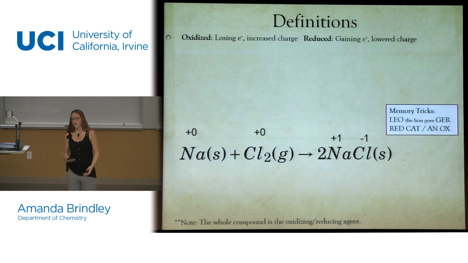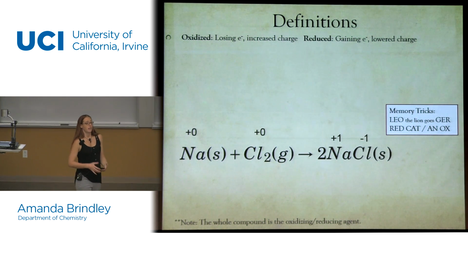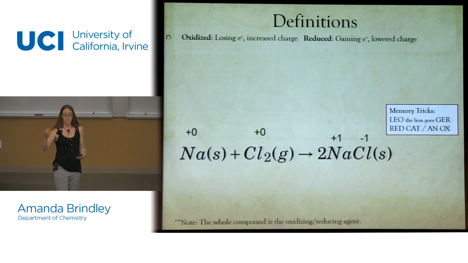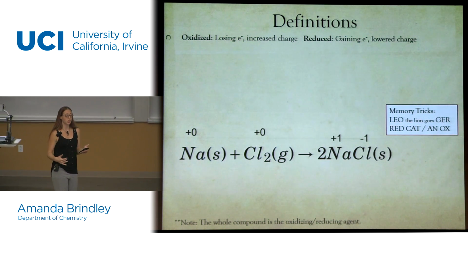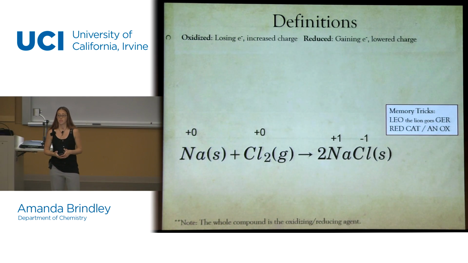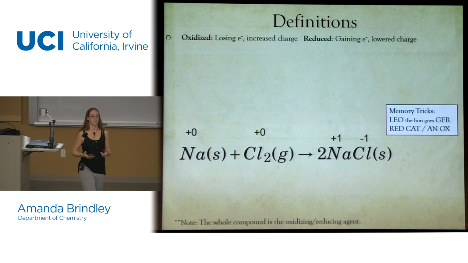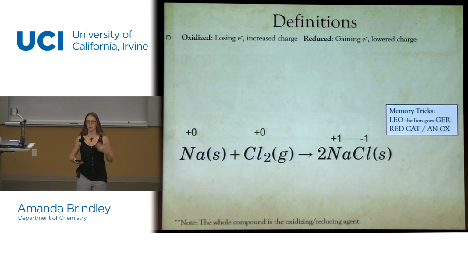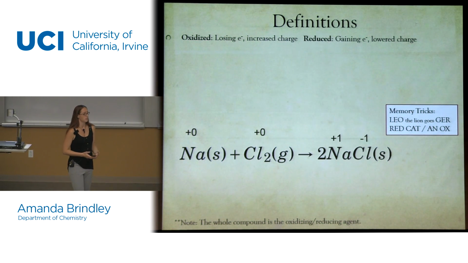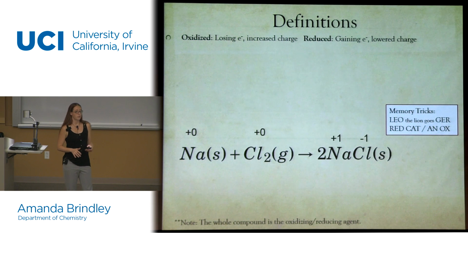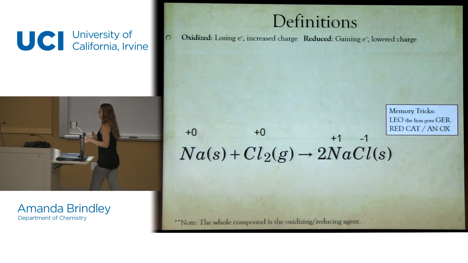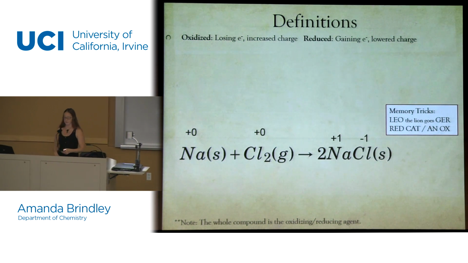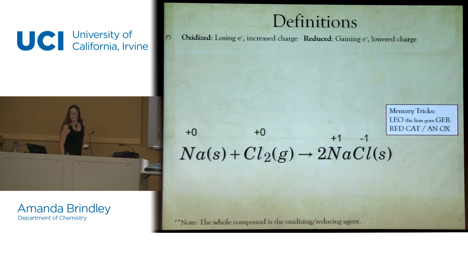The way that I always did it was to look at the reduction one and say, oh, I'm reducing the charge, I'm lowering the charge. That one's reduced. Oh, well my other one is oxidation then. So oxidation is increasing charge. That was the way that I remembered that direction. If you come up with new and cool memory tricks, let me know, because I'm honestly not a fan of any of the ones that are in popular circulation at the moment.